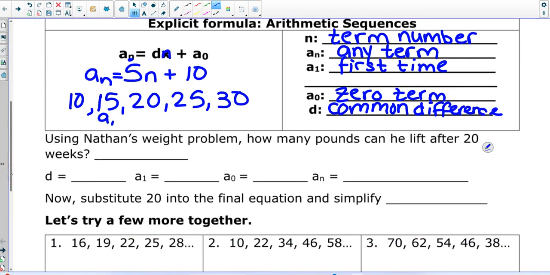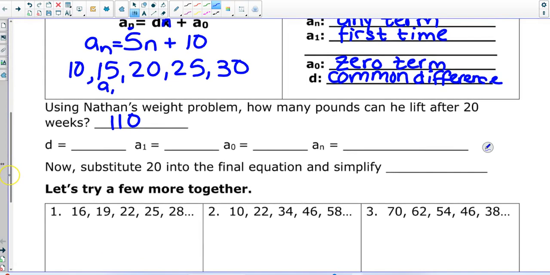And using this, how many pounds can he lift after 20 weeks? It's going to be 110 pounds. Well, how did I get that? Okay, so D, we know is 5. Our A1 is 15. Our A0 is 10.